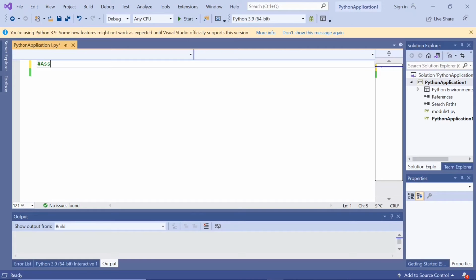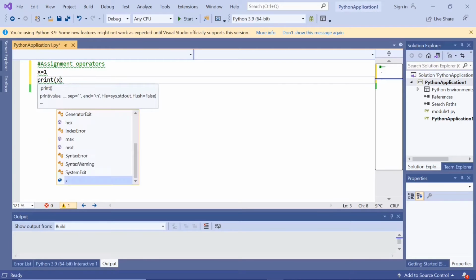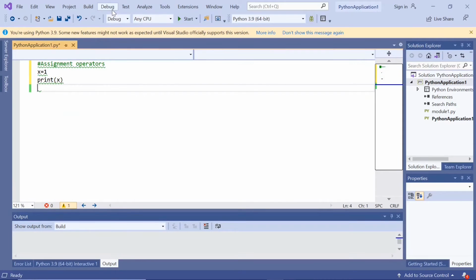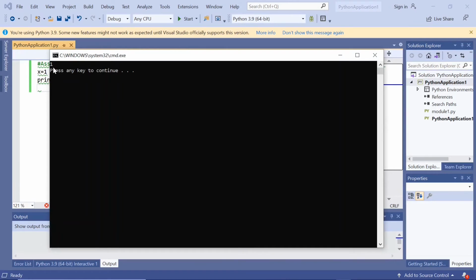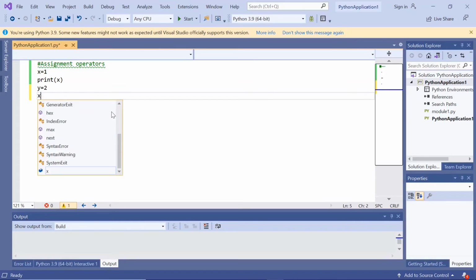Assignment operators. x is equal to 1. So we are assigning 1 to x. Print x. It is printing 1. Now we can assign in another way. Let us take y is equal to 2 and x plus is equal to y.